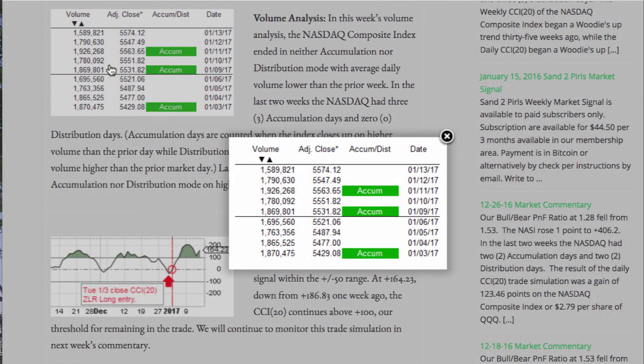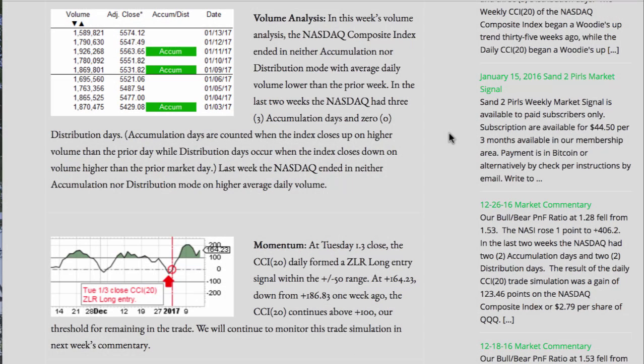Volume analysis. In this week's volume analysis, the Nasdaq Composite Index ended in neither accumulation nor distribution mode, with average daily volume lower than the prior week. In the last 2 weeks, the Nasdaq had 3 accumulation days and 0 distribution days.